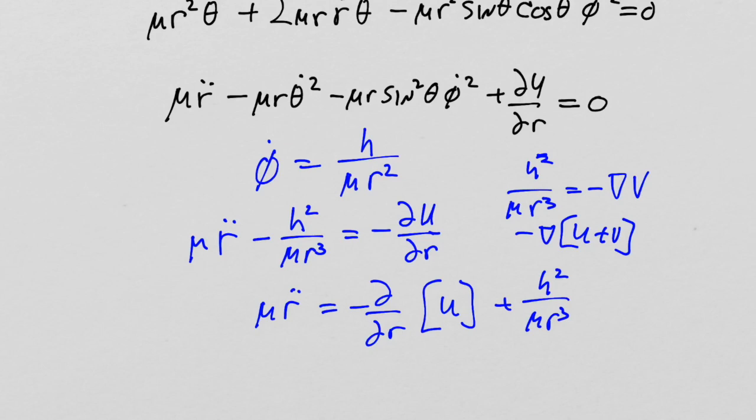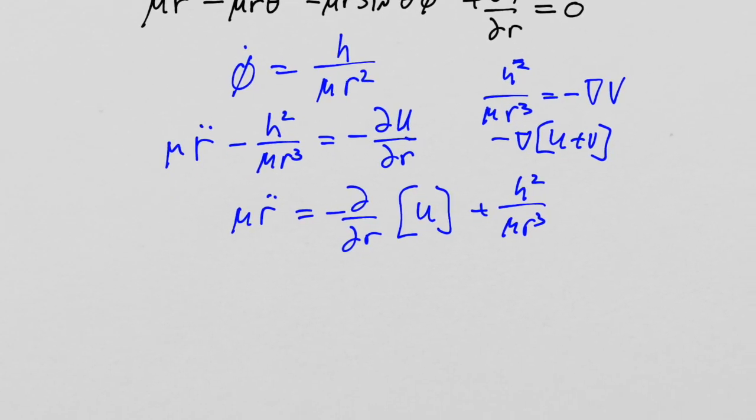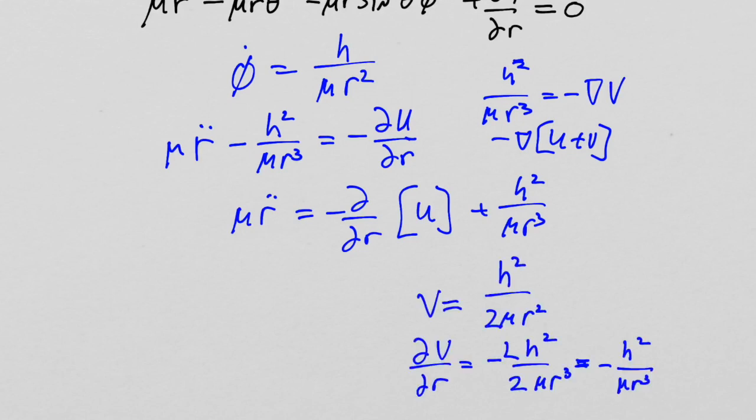In this case, V would just be, let's see, that value would be, if V is h squared over 2 mu r squared, if you take the partial derivative of V with respect to r, which, in principle, there's no other real variable here. This is a constant, and the mass is a constant, 2 is a constant.